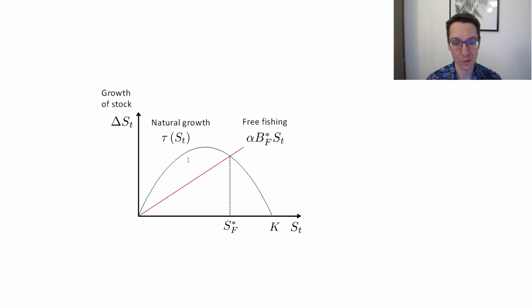So at the equilibrium, I have that the natural growth minus the harvest is equal to 0. So I find that my steady state is here, S star of F. It's lower than K. So that's what's going to happen if people start fishing.